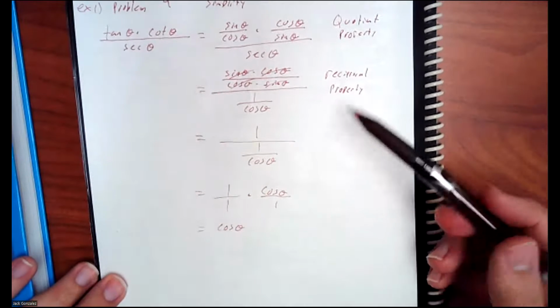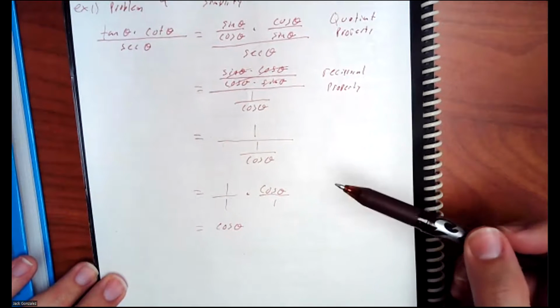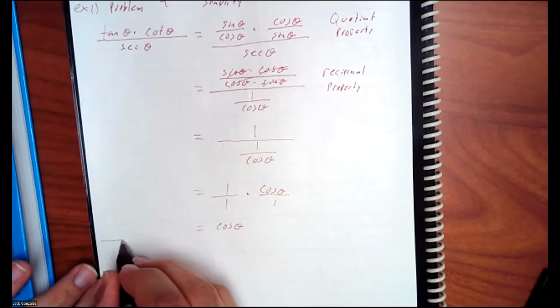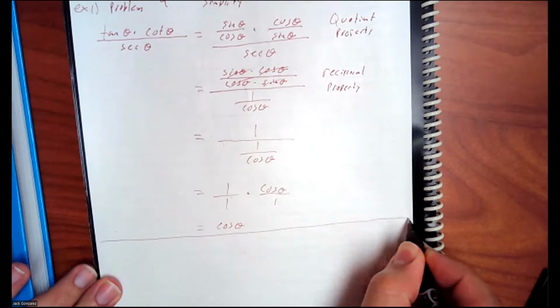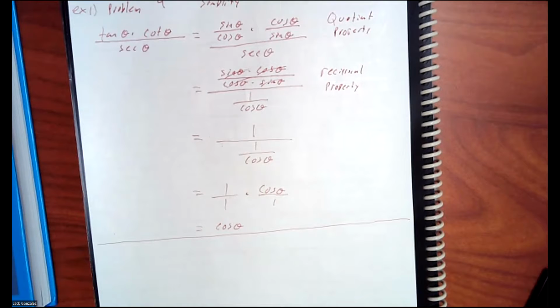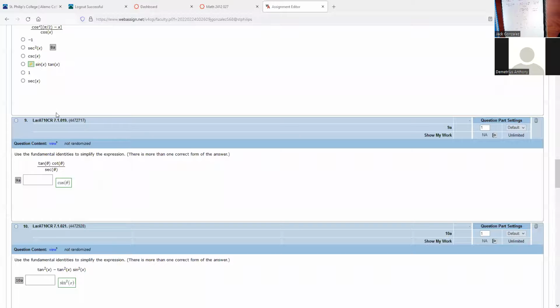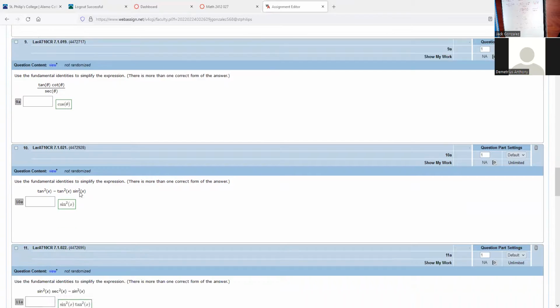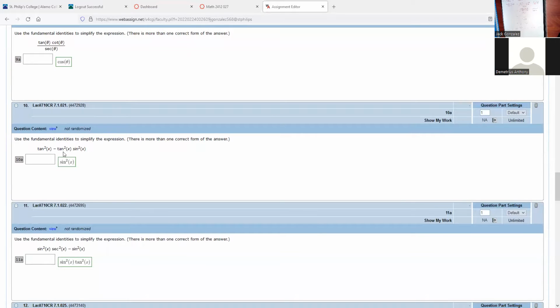All these steps make sense? Let me know. Yeah, so they just wanted to change it to cosine. So number 10, same type of deal.